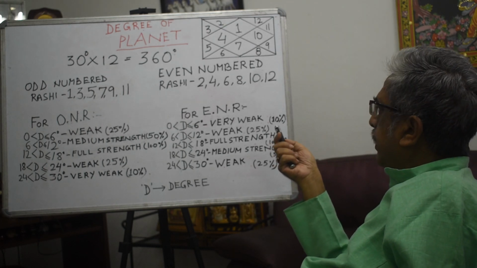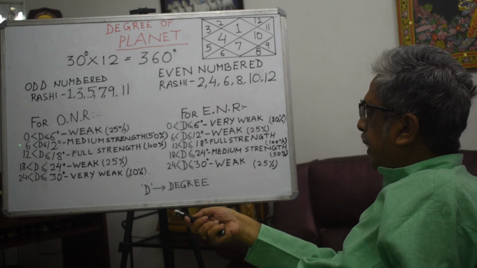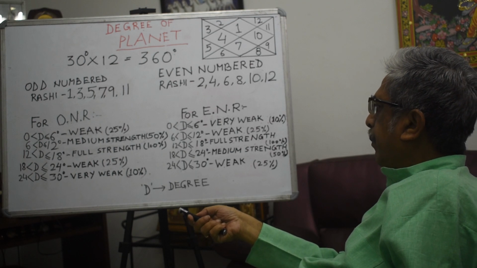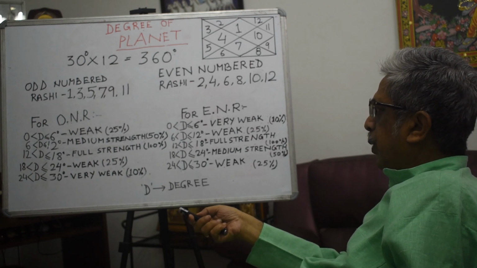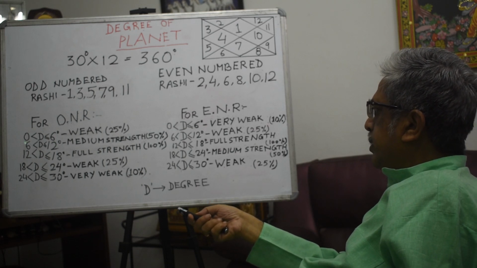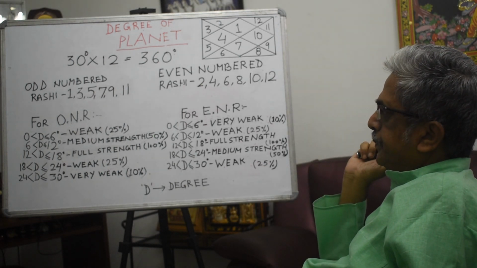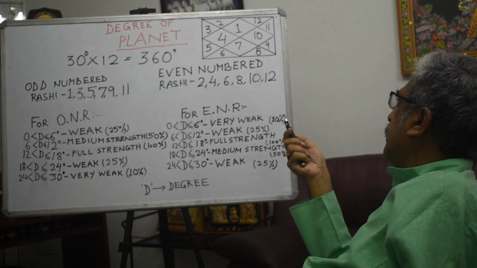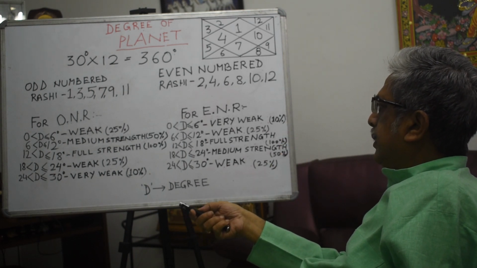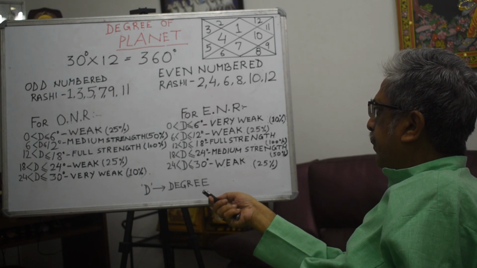If the Sun is in Aries at 10 degrees, suppose, then 6 to 12. So the degree is more than 6 but equal to or less than 12. Here the degree is between 6 and 12, so the result is 50%. Suppose Sun is in Aries at 15 degrees. So the result will be 100%.